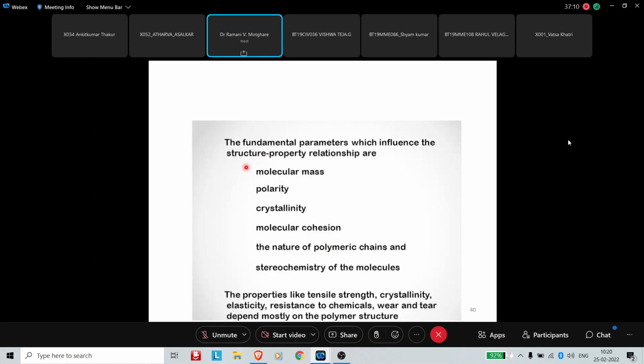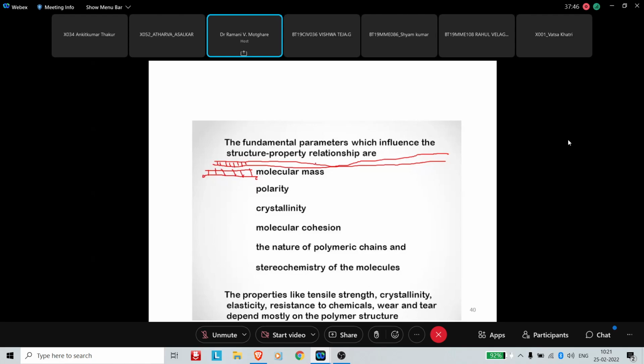So these are some of the fundamental parameters which influence structure property relationship. First is the molecular mass. If you have a polymer whose one molecule is this long, and another molecule the same, with forces of attraction like this, then a shorter polymer will have one, two, three, four, five, six forces of attraction.